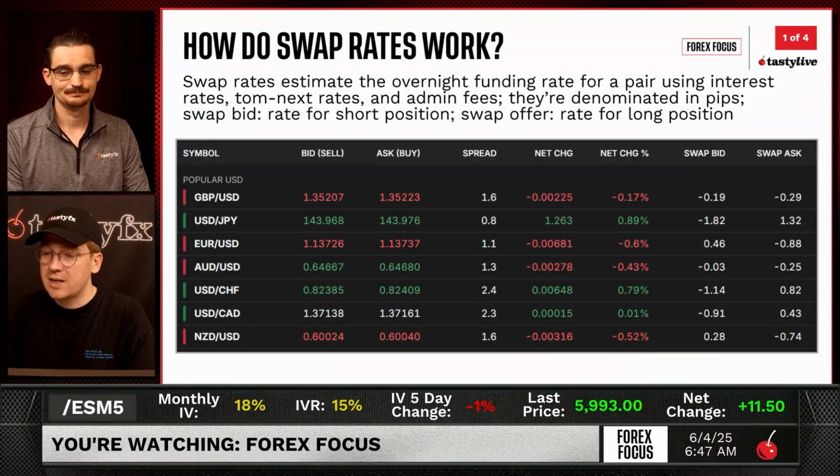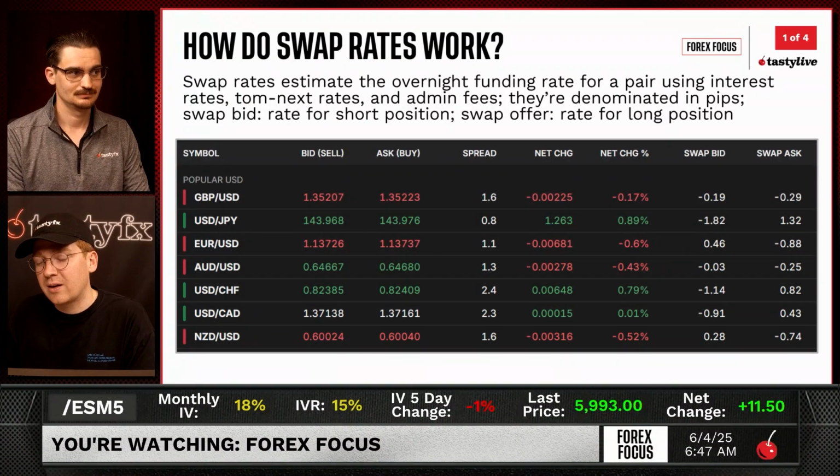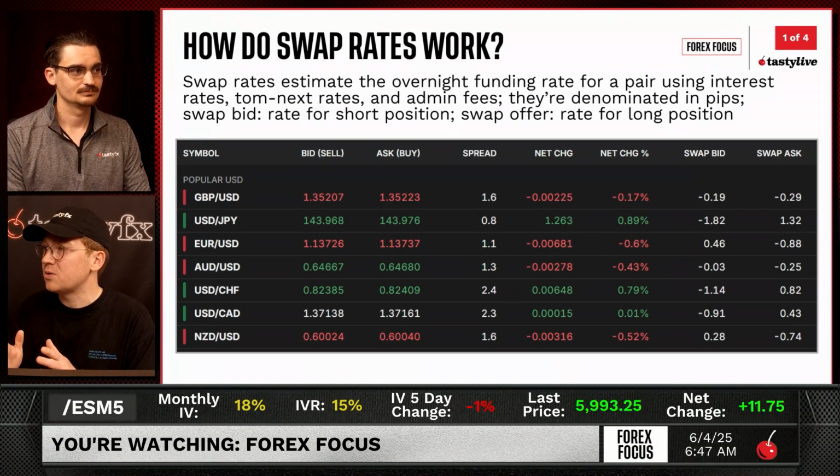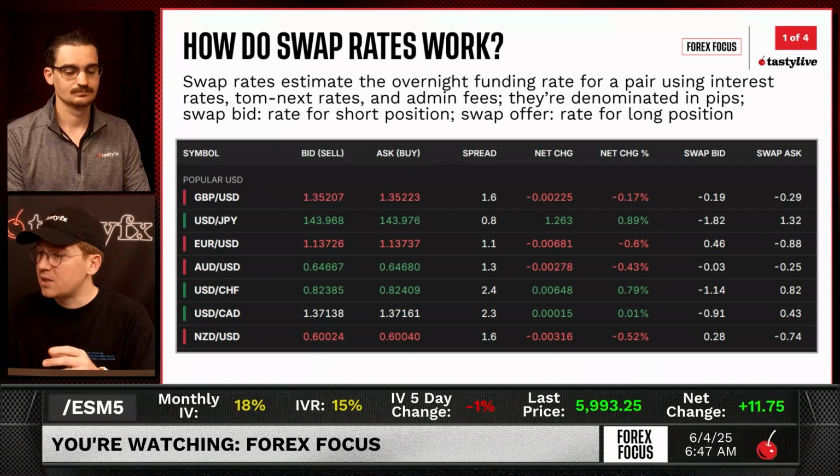Okay, gotcha. And you can see with some of them, like the pound, the U.S. is at like 4.35%, in that 4.25% to 4.5% range, and I believe the UK is solidly 4.25. So that's one of those scenarios where, long or short, it's a small overnight debit to your account.